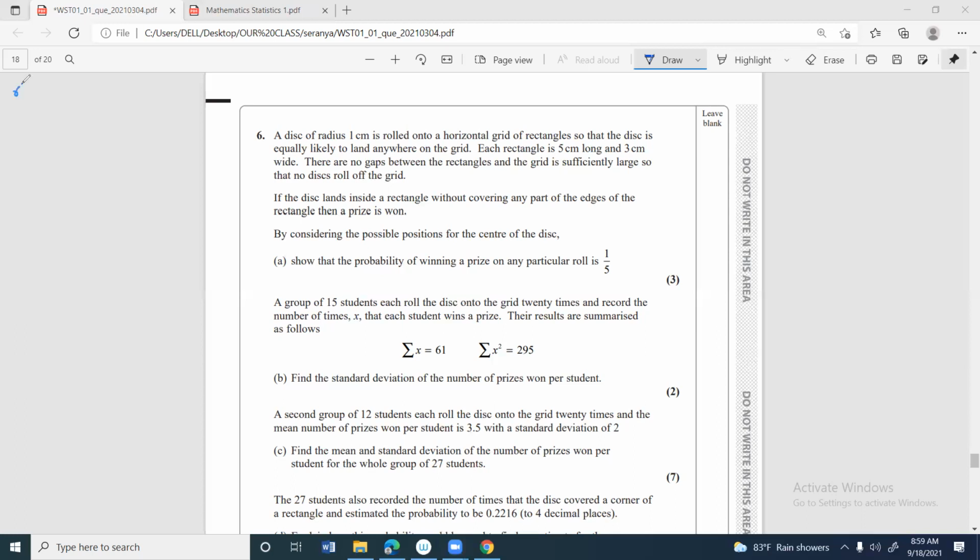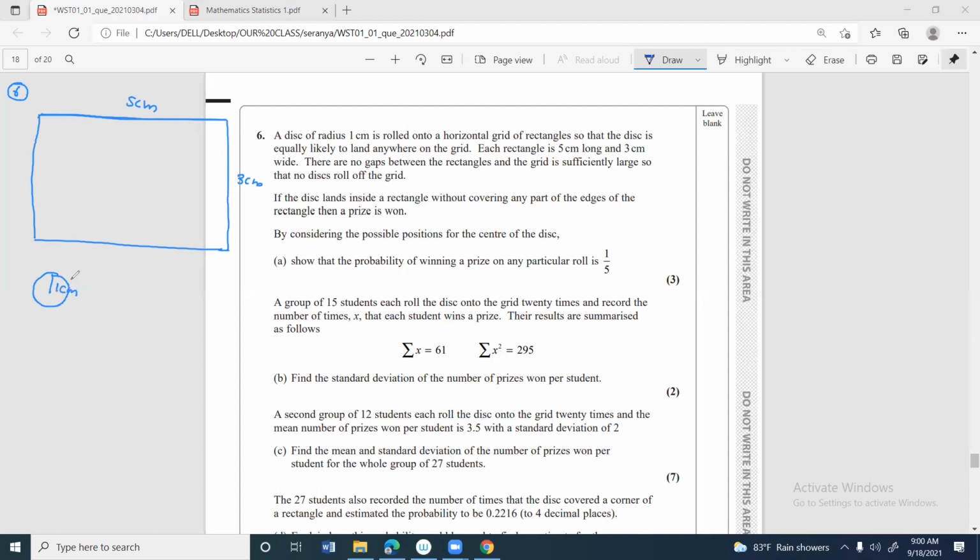That means this is 5 centimeters and this is 3 centimeters. There is a disk, and the disk has a radius of 1 centimeter. That's the point we need to understand.